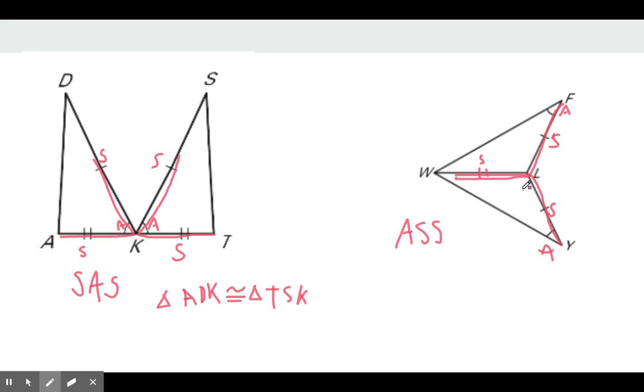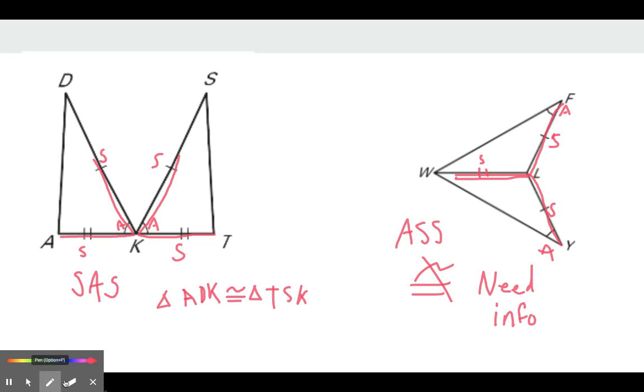Even though looking at it, it totally looks like they would be the same exact triangle, ASS cannot 100% conclude. So this one, we would say that it is not congruent because we need more info. I'm not going to write all that, but you would need more information to absolutely 100% conclude that it was, in fact, 2 congruent triangles. We don't have enough to prove it, even though they look like it.